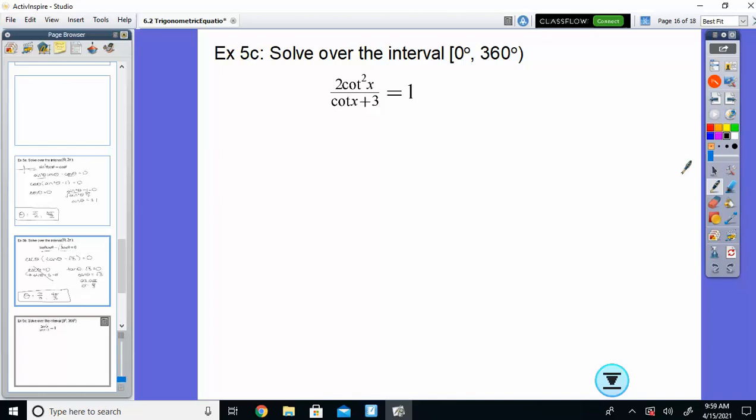What would we do here? Do you like having a fraction? No. How could I get rid of it? Yeah, we could just multiply each side by the denominator. I told you you can't divide by a variable, but if it's already on the bottom, we can multiply it to the other side.